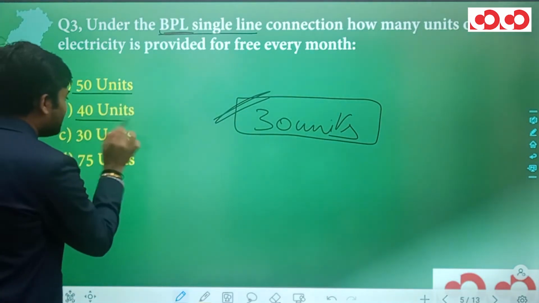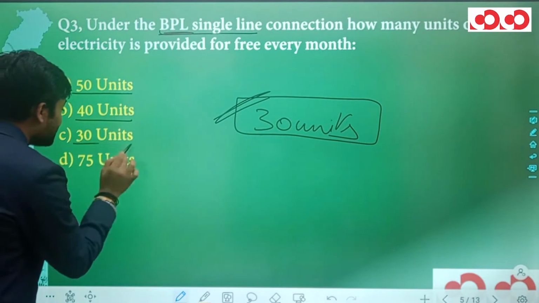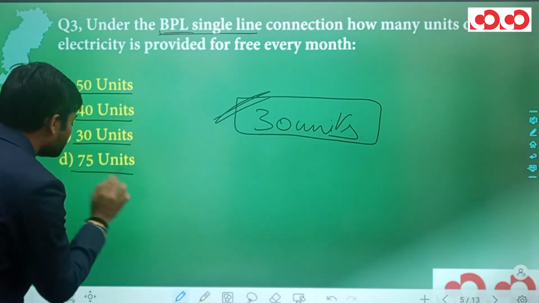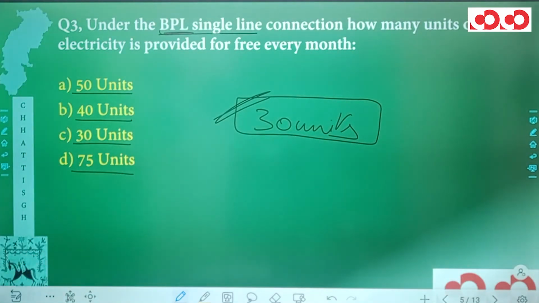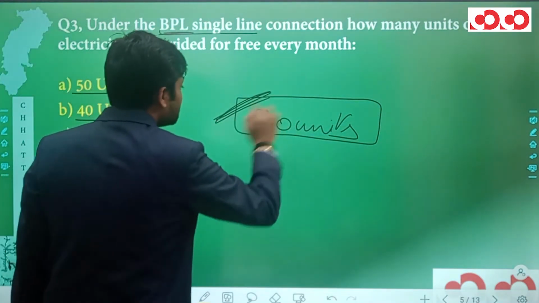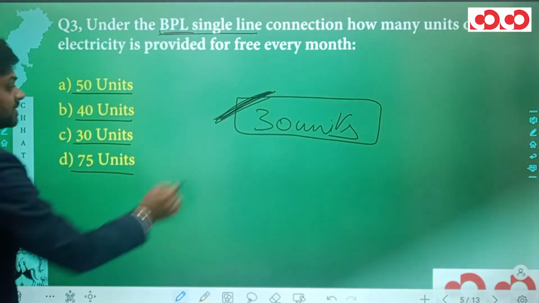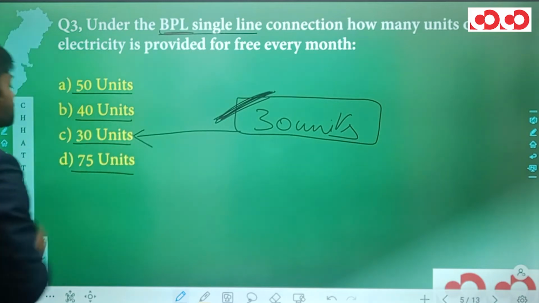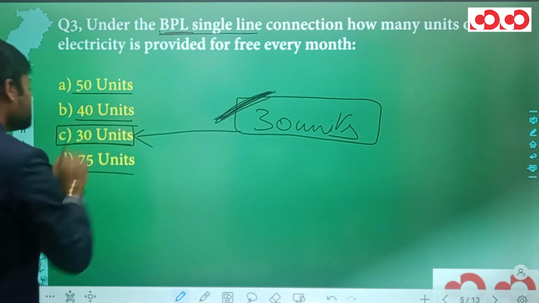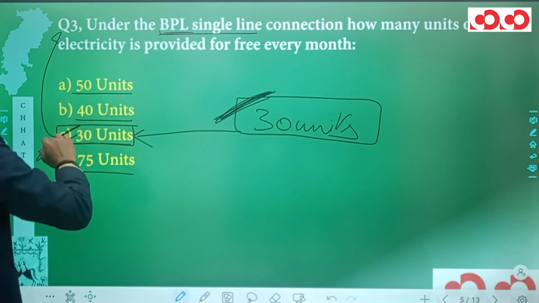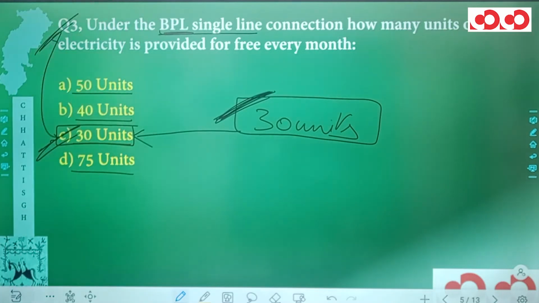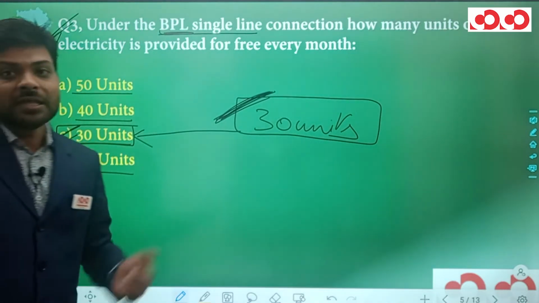In option B we have 40 units. In option C we have 30 units. And in option D we have 75 units. What is the correct answer? 30 units is the correct answer. 30 units is mentioned in option C, and hence option C is going to be the correct option for our third question. So this was all about the third question.